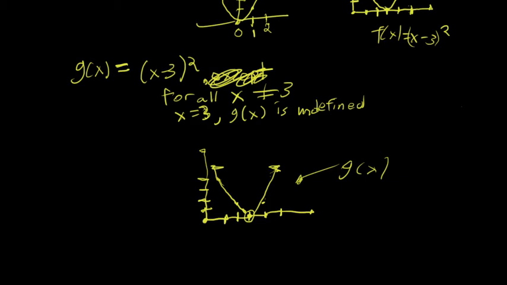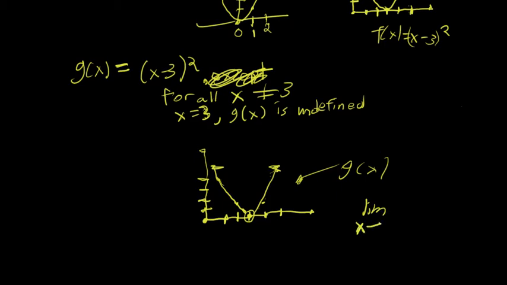As x gets really close to 3 coming in from the right, g of x still gets really close to 0, even though g of x is undefined when x equals 3. But the limit, nevertheless, exists.